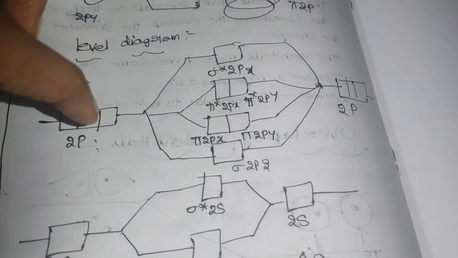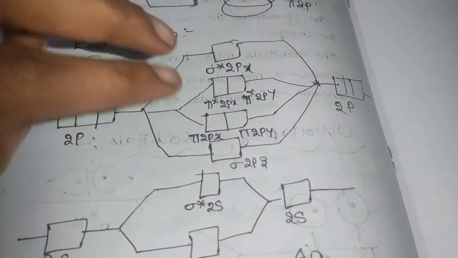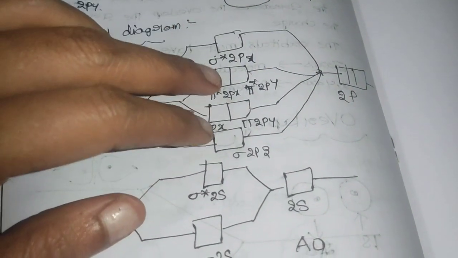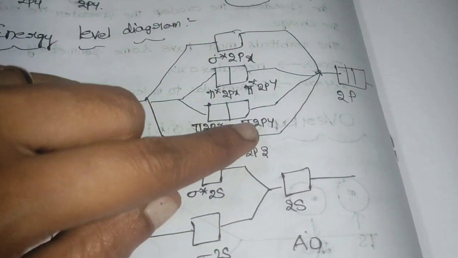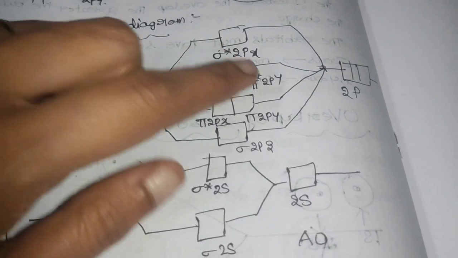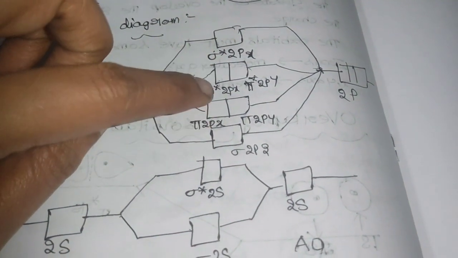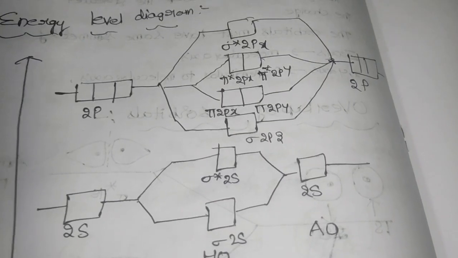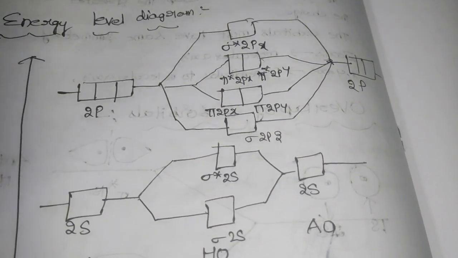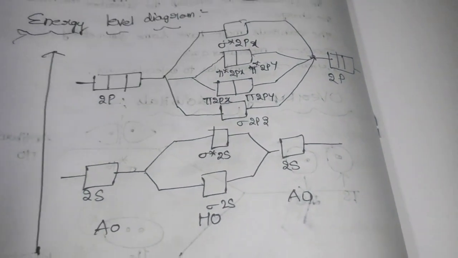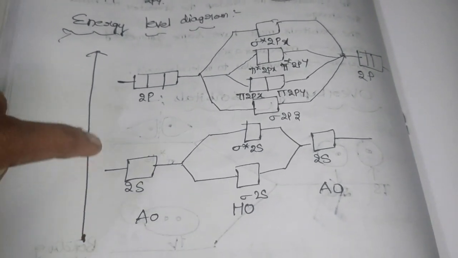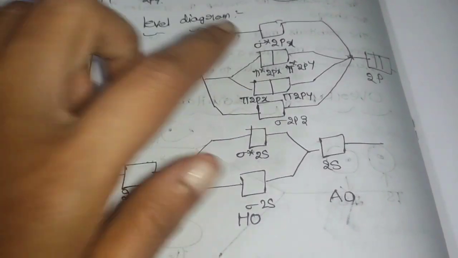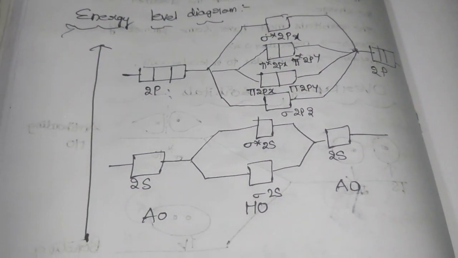Then again 2px and 2py, because of side-to-side interaction, form pi bonds: pi 2px, pi 2py, pi star 2px, pi star 2py. Why am I representing the star? As you already know, anti-bonding is represented with a star and bonding simply without. So like this is the energy level diagram, and the energy increases with the anti-bonding molecular orbitals. Thank you.